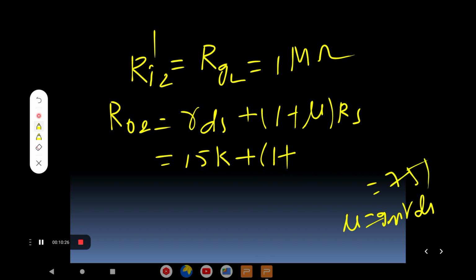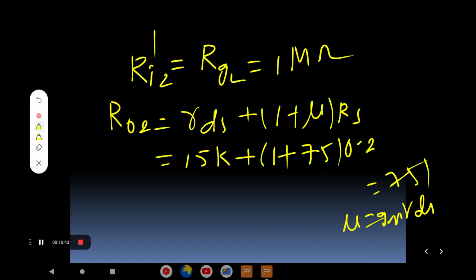Therefore, you just have to substitute 75 and the source resistance of 0.2K.